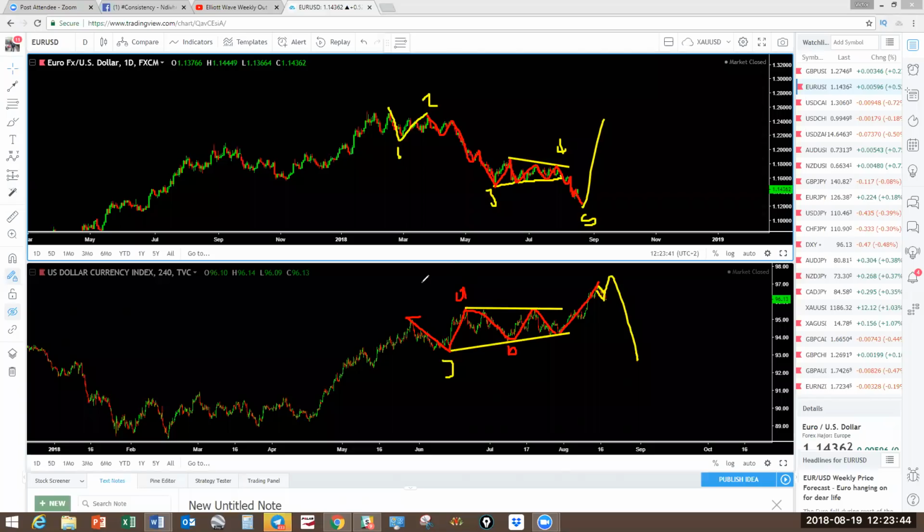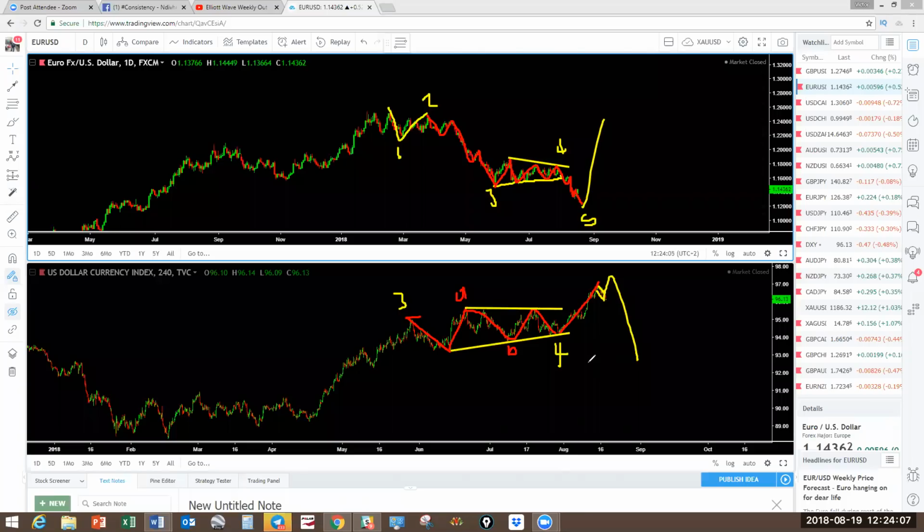Sorry, your 3 is here. So this is the inverse. It shouldn't confuse you. Your 3 and your 4 is your whole running triangle. This whole move is a running triangle. Let's take it off. See how clear this is. So nothing forced. You see that it is as clear as the textbook, as explained in the textbook.